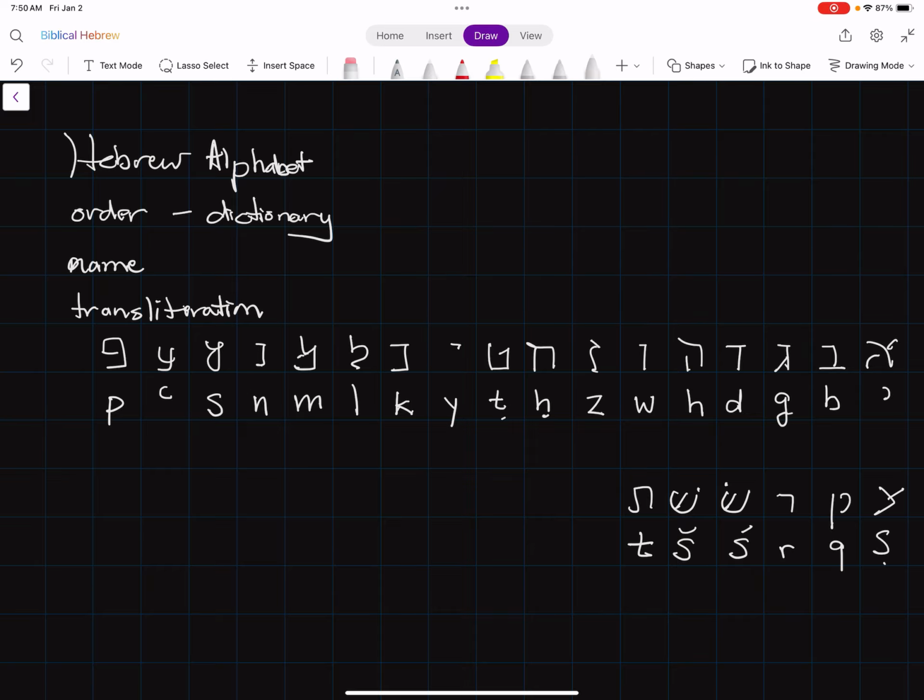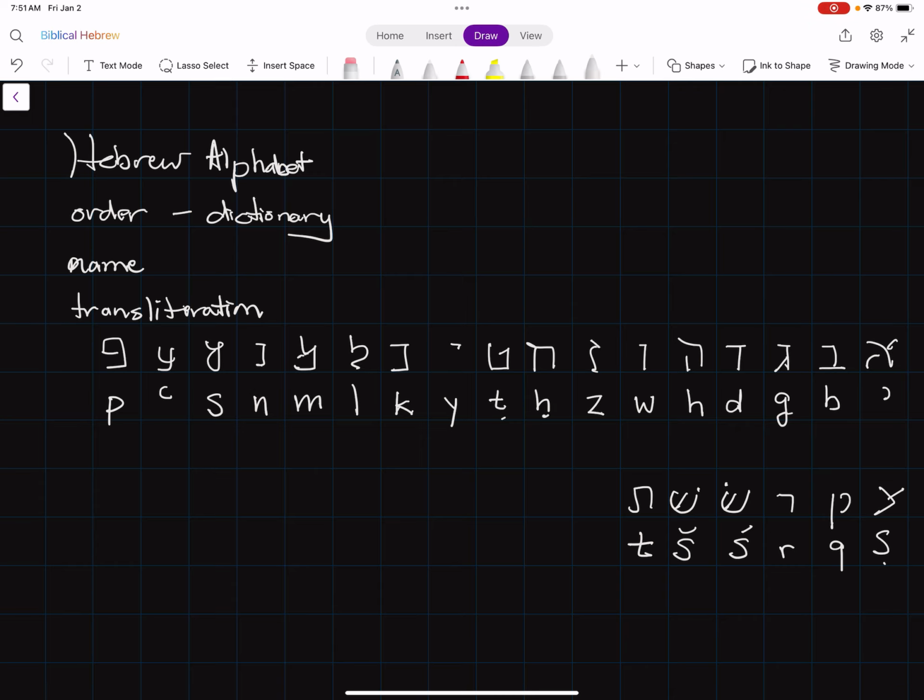Now, ancient Hebrew did not have spaces or punctuation marks. So therefore, certain letters have what we call a final form. In other words, if a word ends with that particular letter, it is written differently.